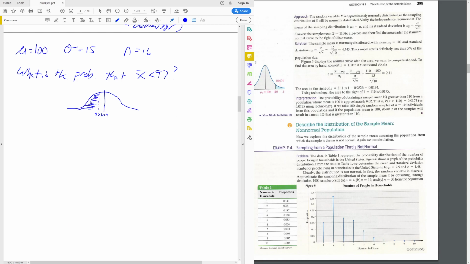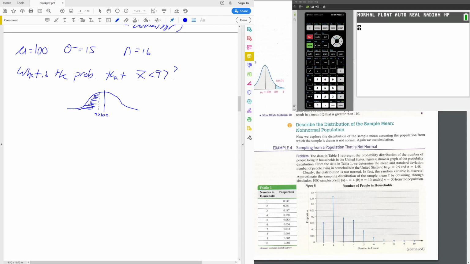So now I'm going to go to the calculator, and I'm going to go to my distribution, so second vars, and I'm going to do normal CDF, and I'm looking for my shaded area. So the lower bound, it's kind of unbounded to the left, so negative 99999, and my upper bound is going to be that 97.